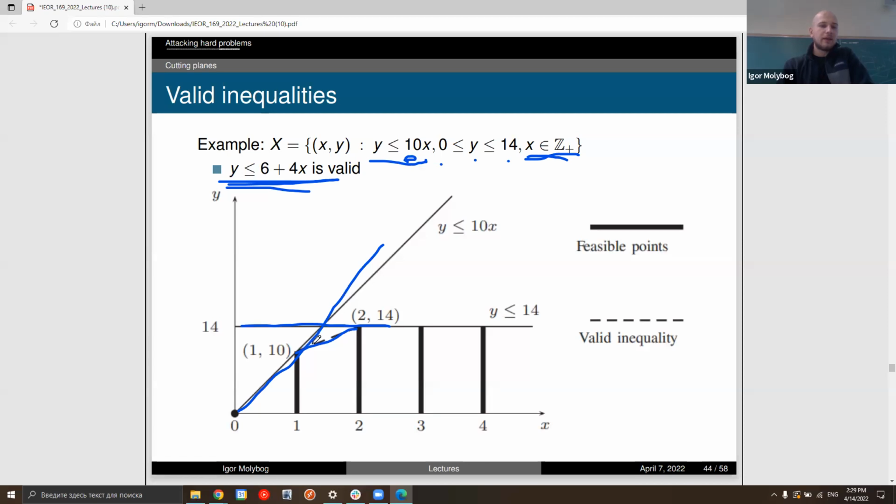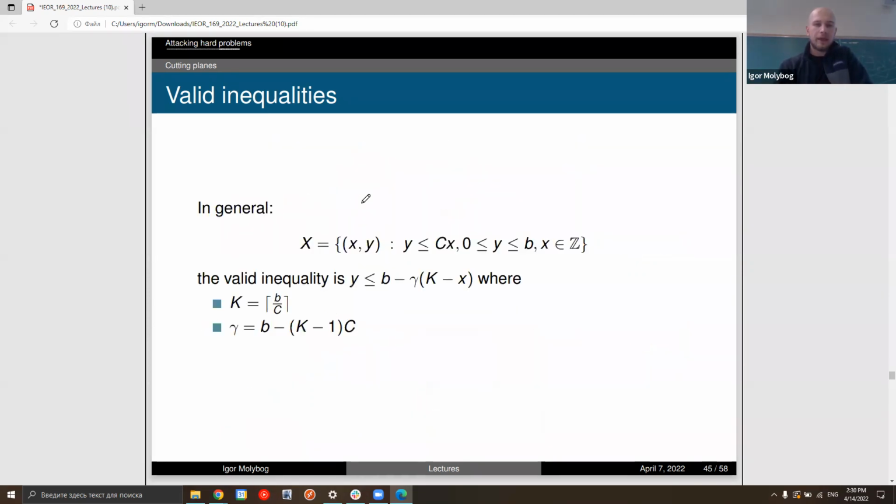So instead of having these two inequalities, you can just have this one, and it would basically give you a precise form of this constraint. And also it is going to be a valid inequality with no doubt.